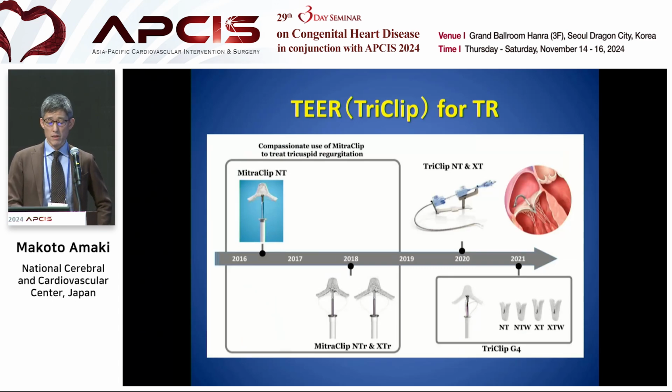TriClip is the majority of the device that has been used in Europe and the US, and it is converted from the MitraClip to a tricuspid device. The size is quite similar, absolutely similar to the MitraClip, and the device is quite similar.